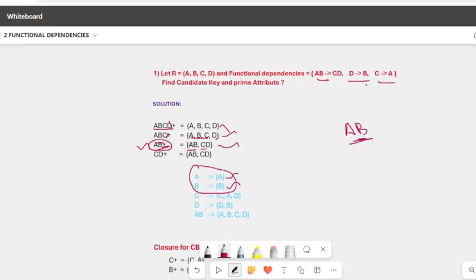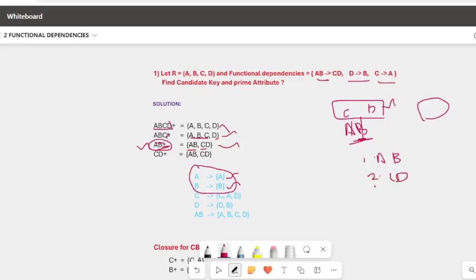For A we can replace C, for B we can replace D. So instead of AB we can use CD, and for this also we find the closure. For CD the closure is CDAB. So the answer is a super key, hence CD is also a candidate key. So the first is AB and the second candidate key is CD.